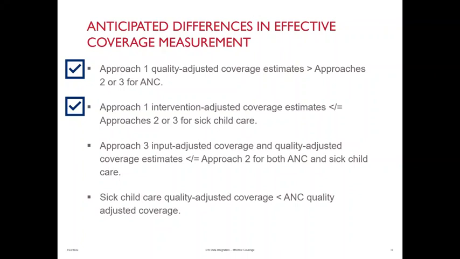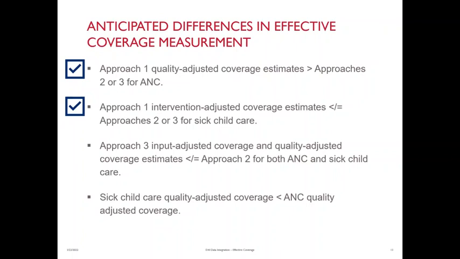The third, we had thought that the expanded readiness and quality measures used in approach 3 would result in lower or similar measures than the basic measures for both antenatal care and sick child's care. However, this was not consistently the case across countries and service areas. Now, finally, from previous work, we thought that sick child care quality adjusted coverage would be lower than in antenatal care, and this was found to be the case.